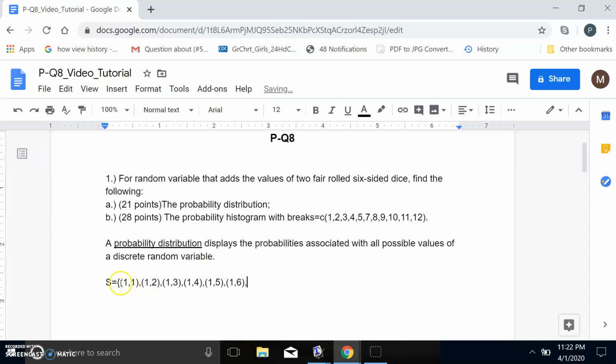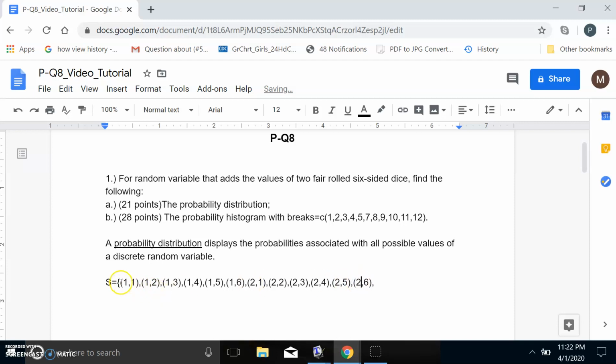Then we could repeat these again and change the first guy to a 2. So we could have then a 2, 1. So again, 2, 1 means 2 on the first roll, 1 on the second roll, and 2, 2, 2, 3, 2, 4, 2, 5, 2, 6.